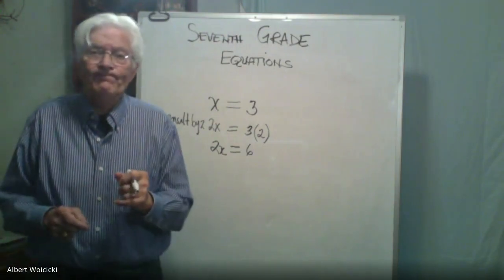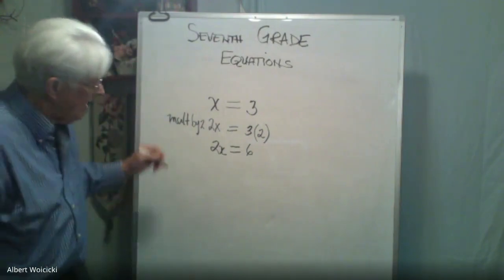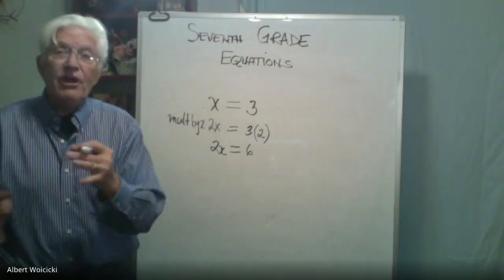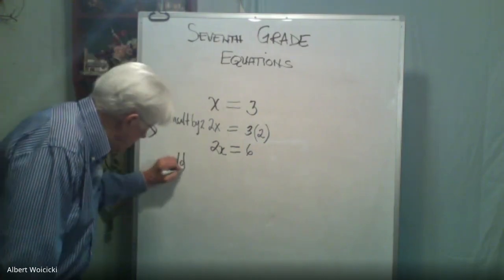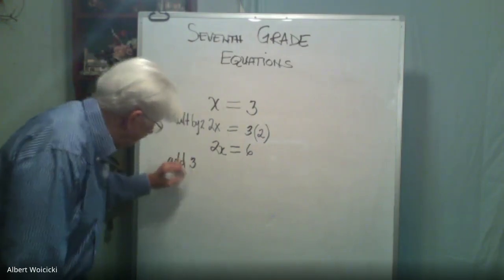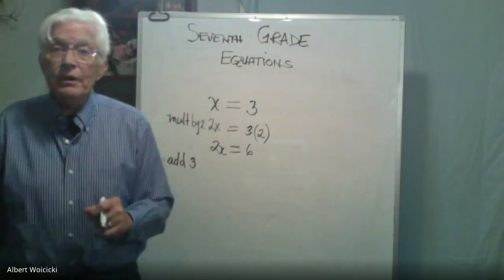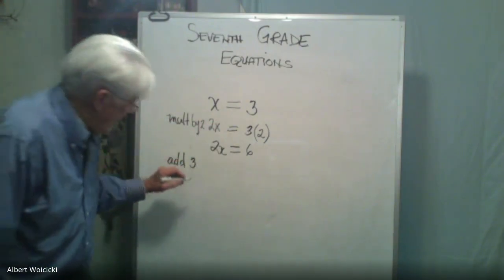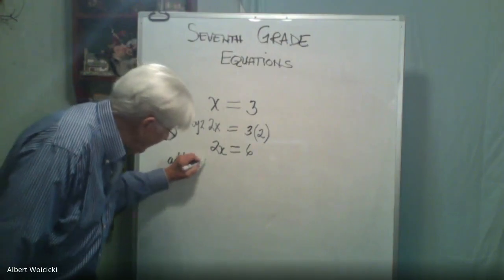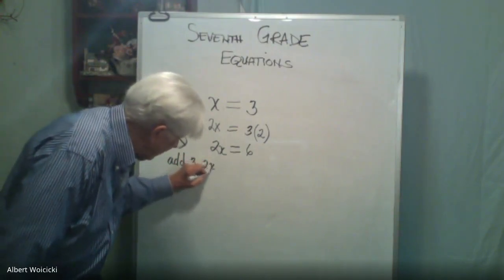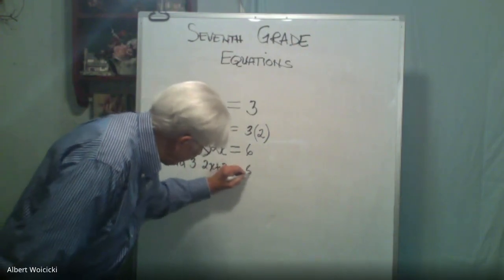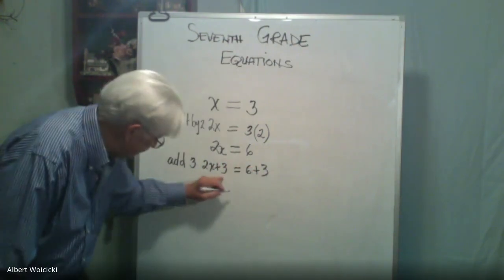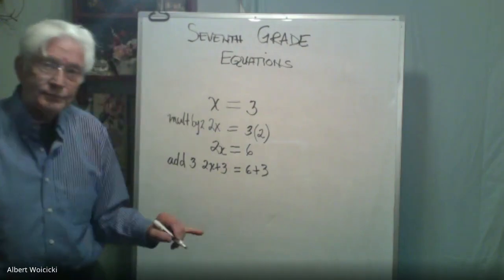So now, let's say I want to add something to both sides of the equation. This time I'm going to add 3. So if I add 3 to both sides, I get 2x plus 3 equals 6 plus 3. Now, that gives me what?